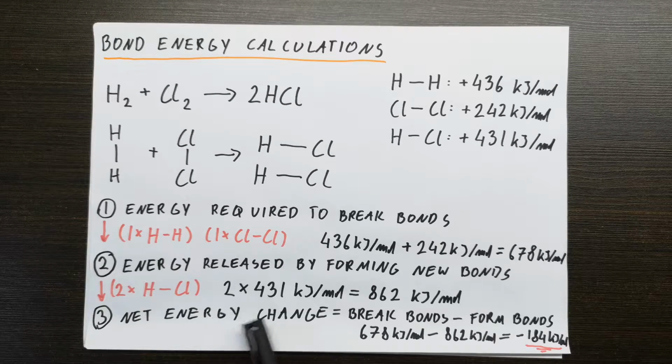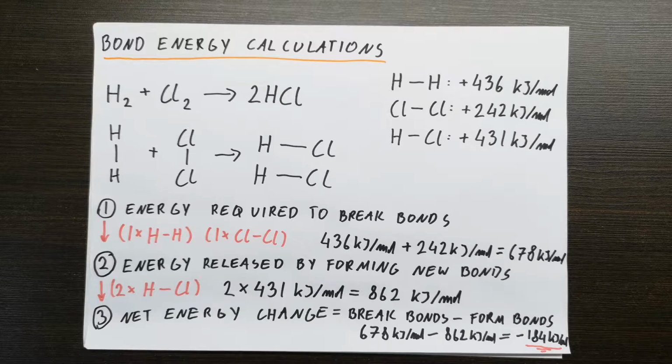And right here, we would do 2 times 431, because there are 2 of those, and that's equal to 862 kilojoules per mole. So now we have 2 important values. We have a value for the energy required to break those bonds, and we have a value for the energy released to form these new bonds.